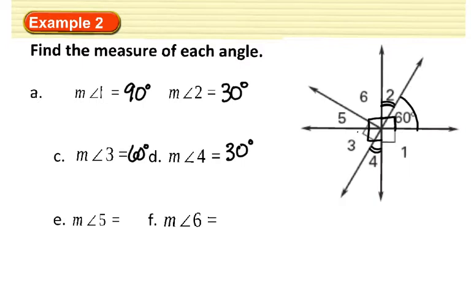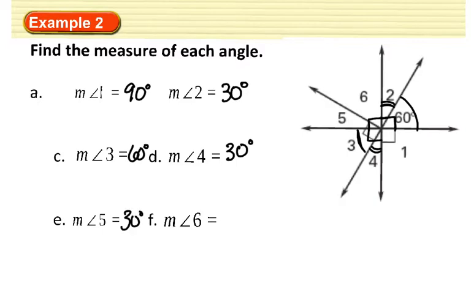If we know angle 3 is 60, and these 2, 3 and 5, are going to add up to 90 degrees, since this angle measurement right here says it's a 90 degree angle, then what's left over from 90 degrees is 30 again.